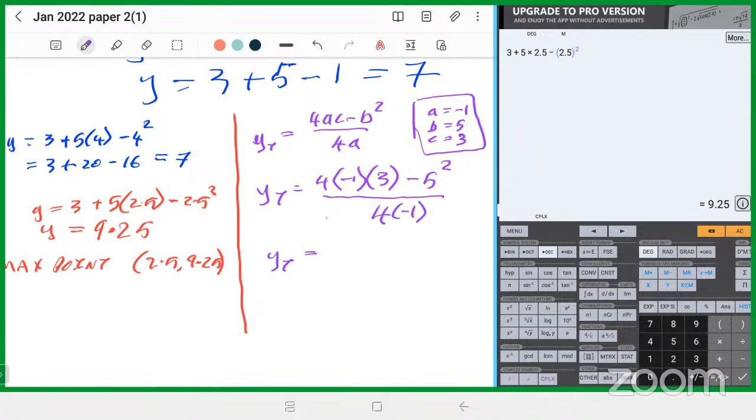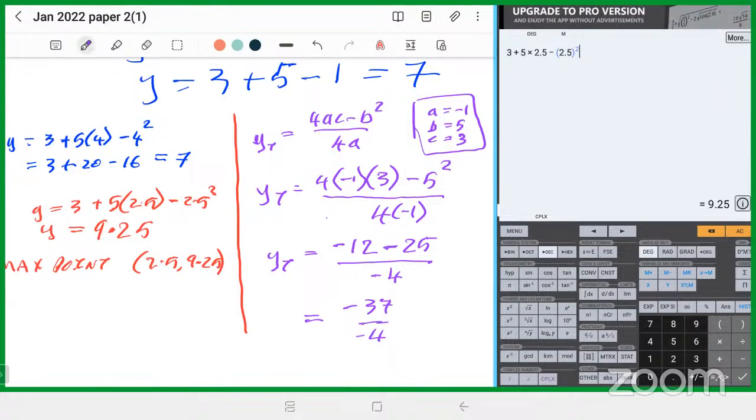Let's work it out now. YT equals. This now is -12, so you get -12 and -25, divided by -4. This becomes -37. See that? -37 over -4, not 36, -37.